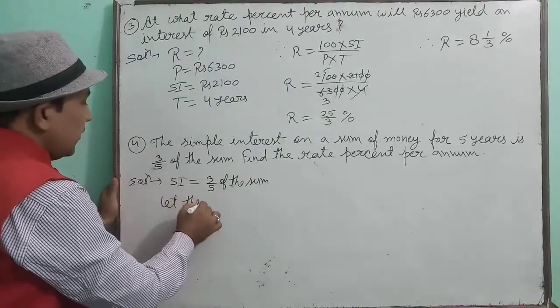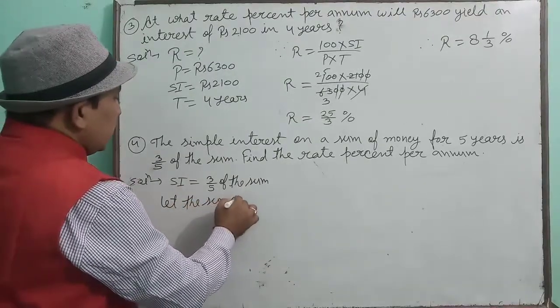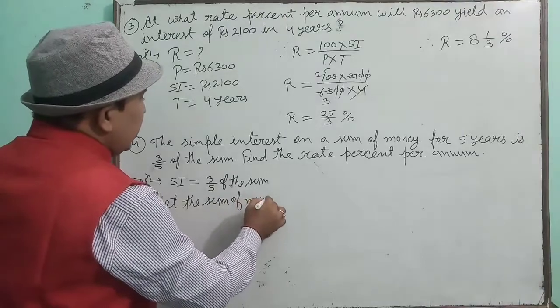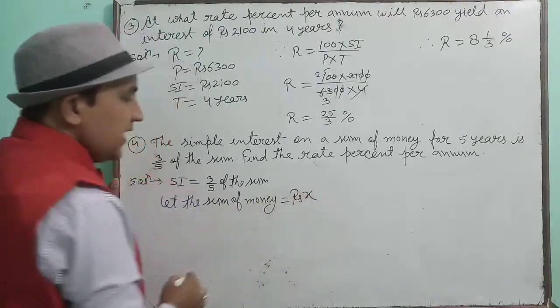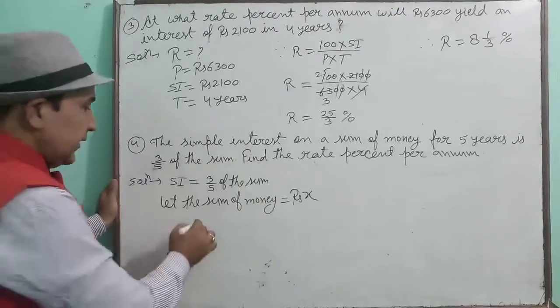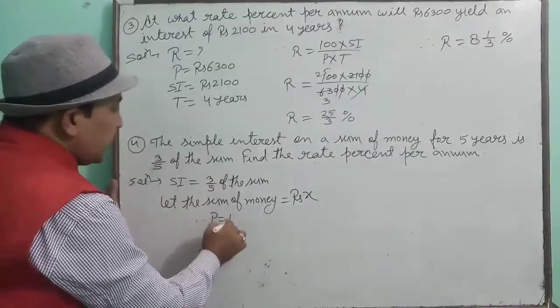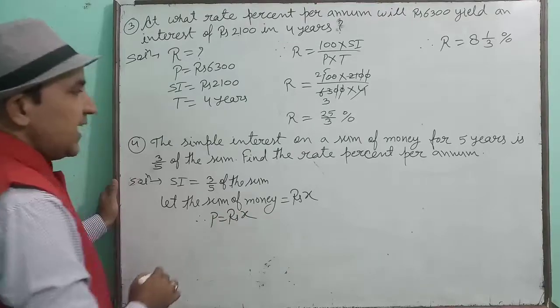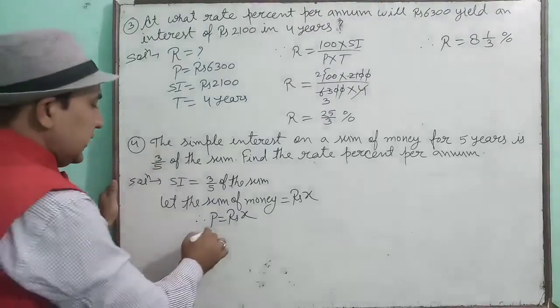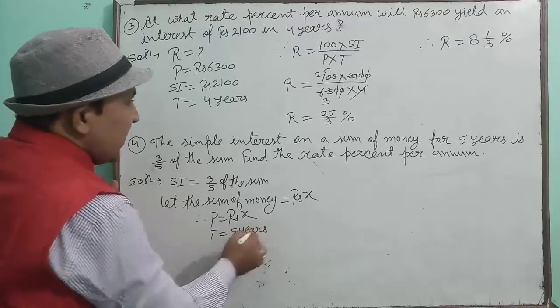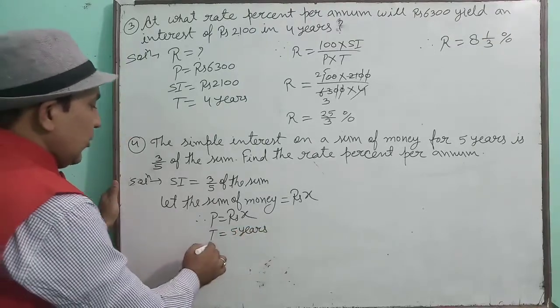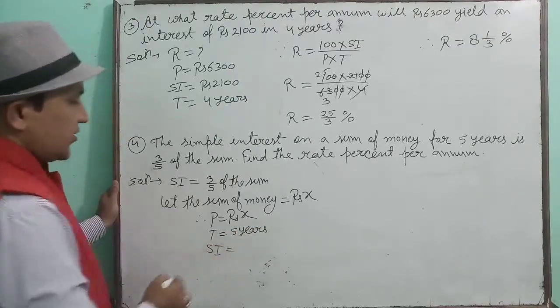Let the sum of money be rupees X. That means the principal amount is rupees X. Time is 5 years. What will be the simple interest?